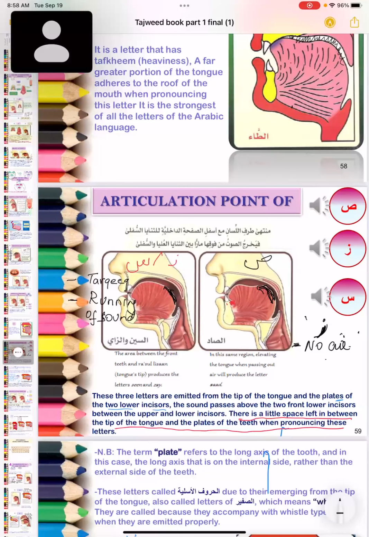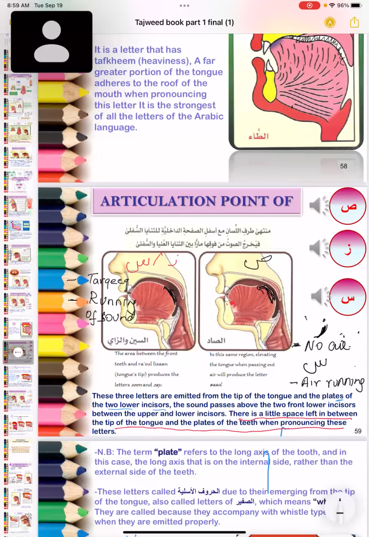In Sin, however, there is air running. Okay, there is air running in Sin, but in Zai, there is no air. There is no hams in Zai, but there is hams in Sin. There is running of sound in Zai. There's also running of sound in Sin. So all the three letters, Sod, Zai, and Sin have running of sound.